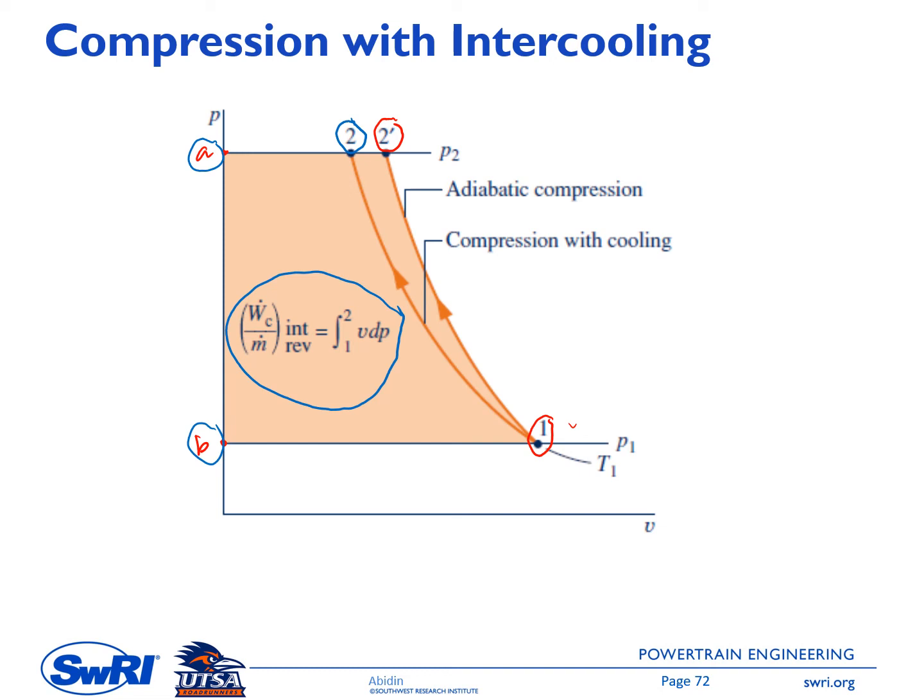So it means we will have less compression work. But unfortunately, it is not easy. It is not easy to apply an efficient cooling while we only have one stage of the compression process.